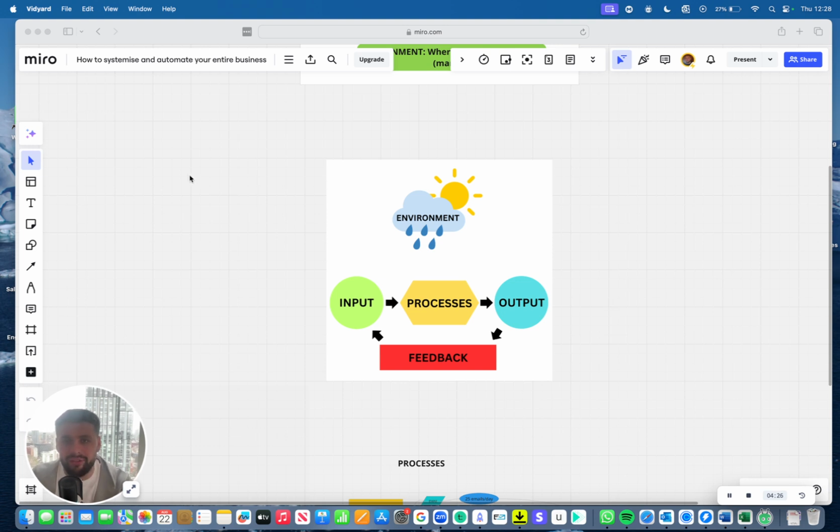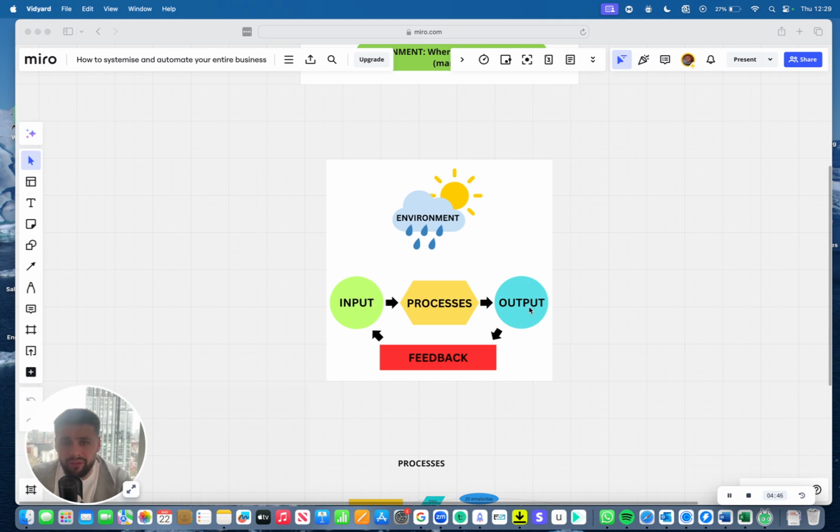Okay, so we've got the environment here. So this is the market or the niche that you operate in. And then we've got the inputs, which could be leads, it could be information, whatever it is. And these inputs or leads, this data that we put into the system gets processed, okay, through our processes.